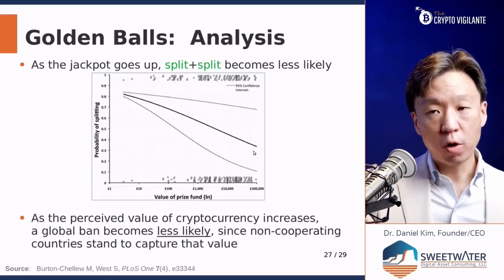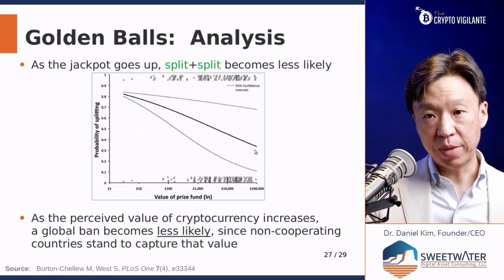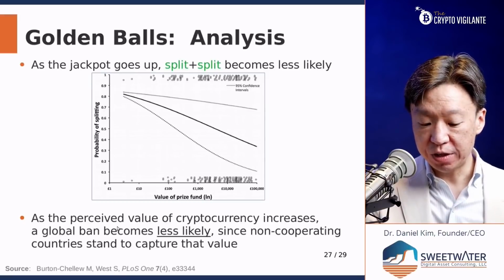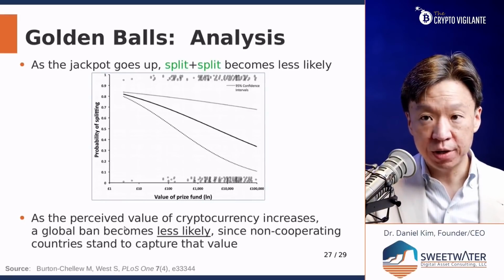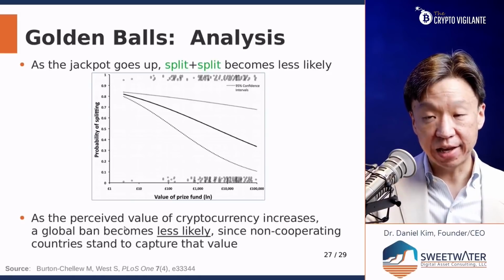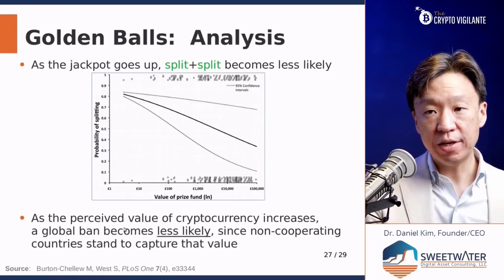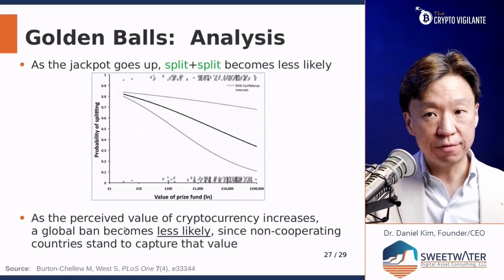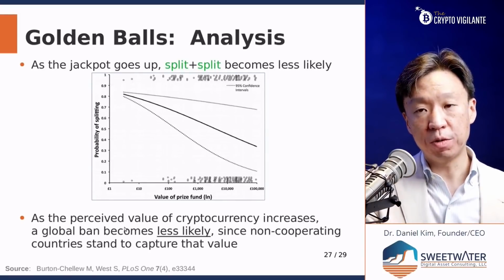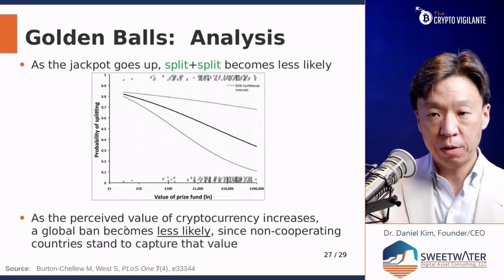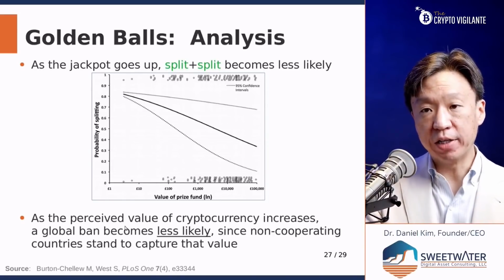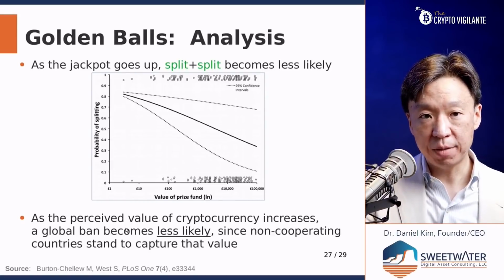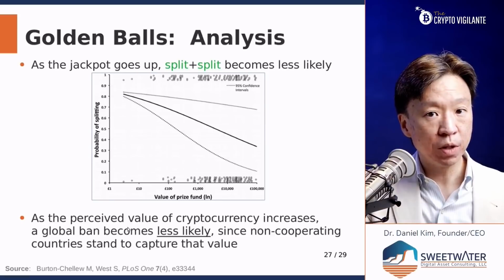What does this inform us with the prisoner's dilemma problem as applied to a global ban on cryptocurrency? It is that as the perceived value of cryptocurrency increases, a global ban is going to become less likely because any country that doesn't cooperate with the ban is going to capture more of the economic value that comes with being a beacon of freedom that would allow basically smart geeks to come settle in and help build this new economy with this efficient new form of money.